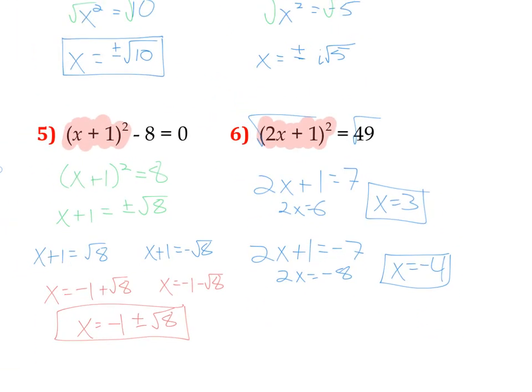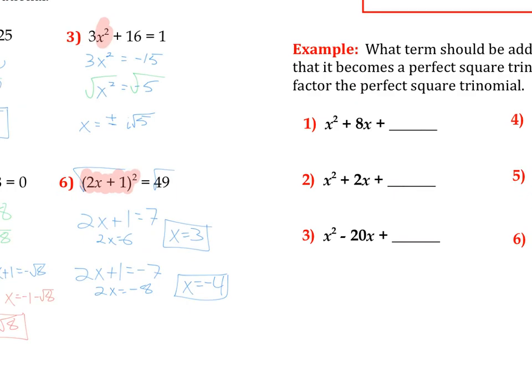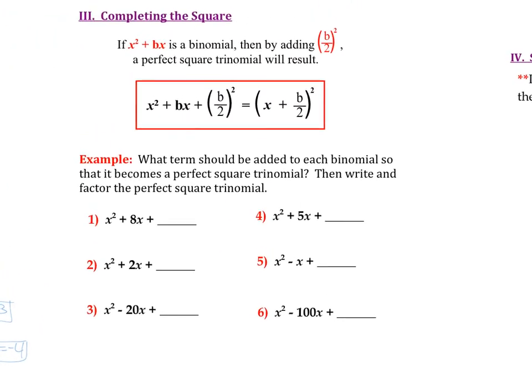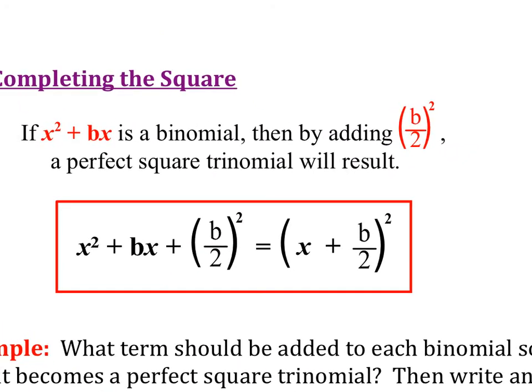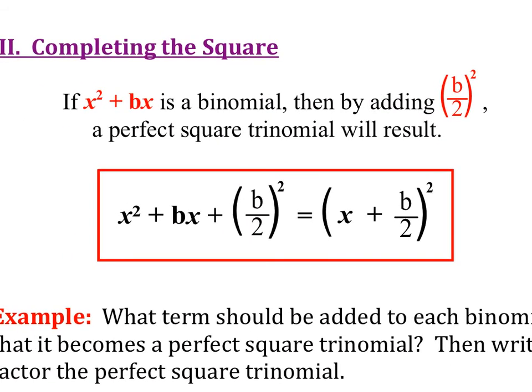All right, now let's use that to start solving by the process of completing the square. So completing the square is when you start off by having a binomial, two-term expression. So you have the x squared, the quadratic term, and the bx, the linear term. And you're going to see, what do I need to have as my constant value?